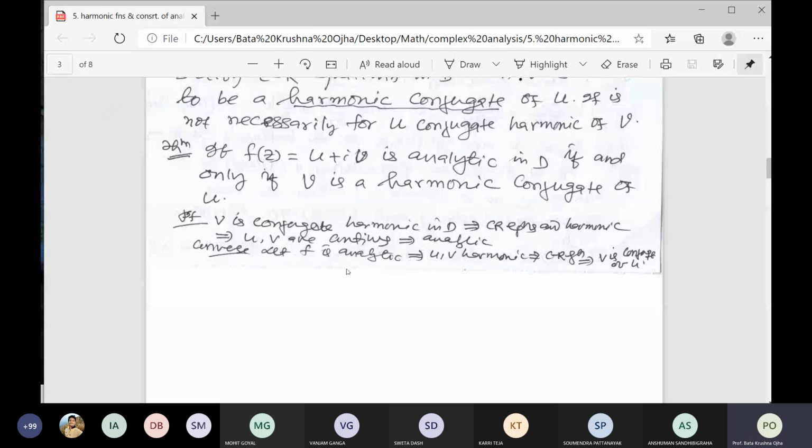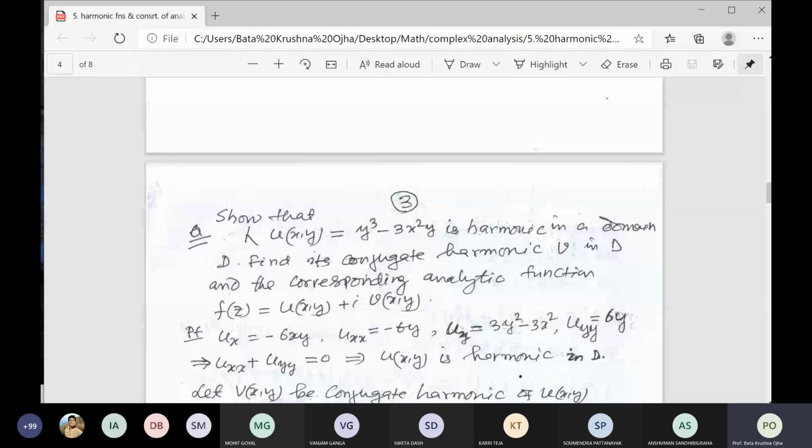So now the question: show that u = y^3 - 3y^2 x is harmonic in a domain D. Find the conjugate harmonic v in D. That is the harmonic conjugate of u.